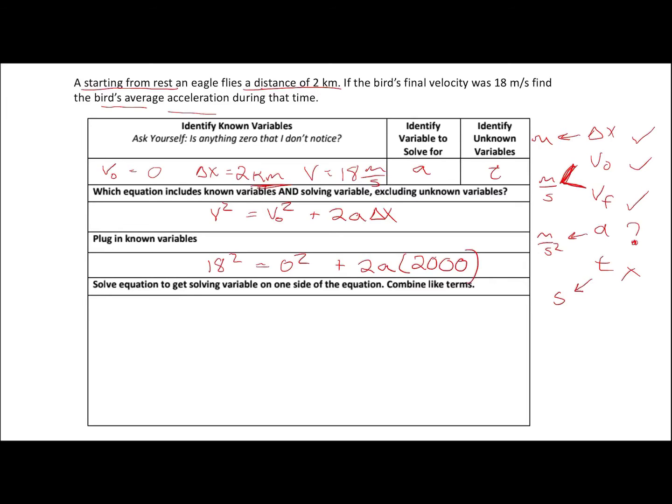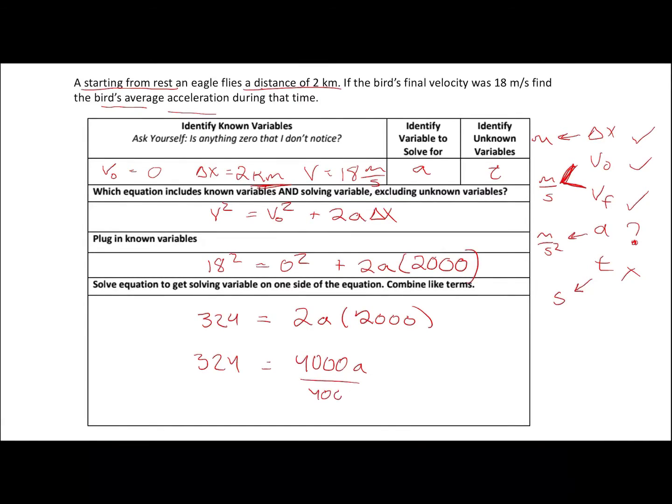And now I'm trying to solve for my unknown. And we can go ahead and do some approximation. 18 squared here gives me 324 is equal to 2 times a times 2,000. Probably could have gone ahead and 324 equals 4,000 a.